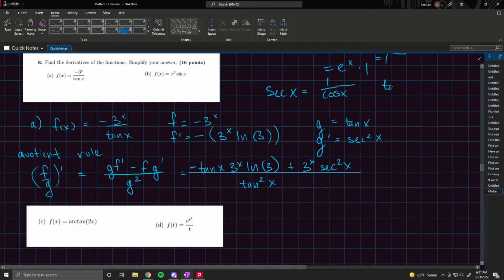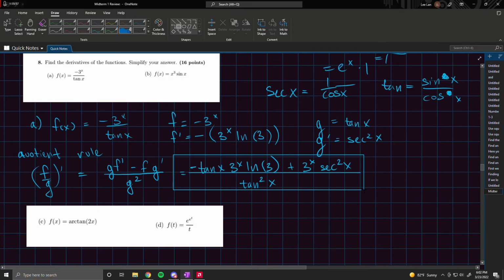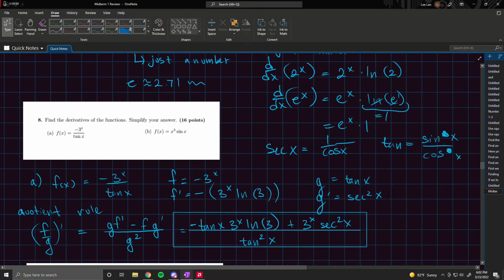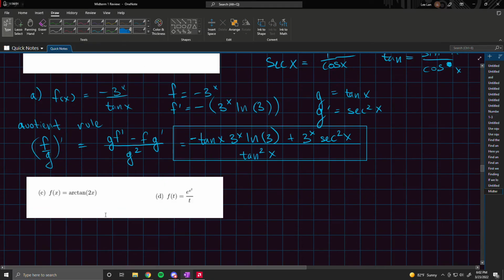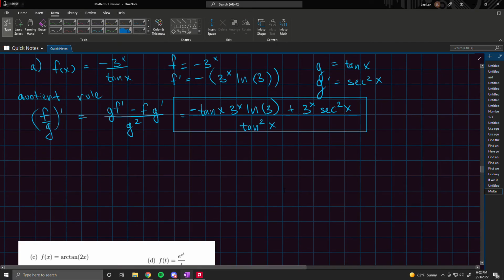And then tangent is the same thing as sine over cosine. I don't think it's worth going through all that, so I would call this good. Oh wait, there's part B, so let me move this down. Okay, so let's go on to B.